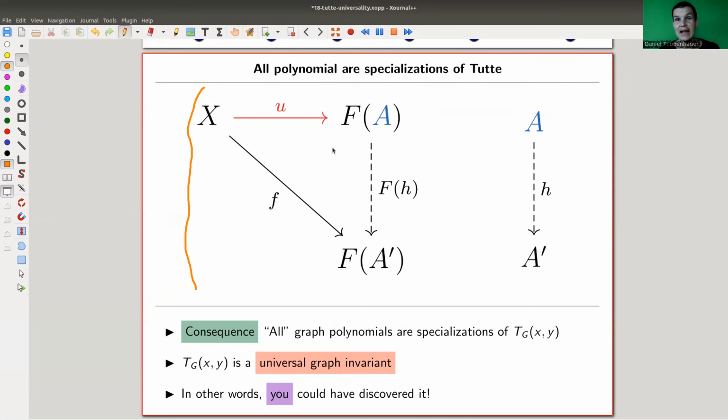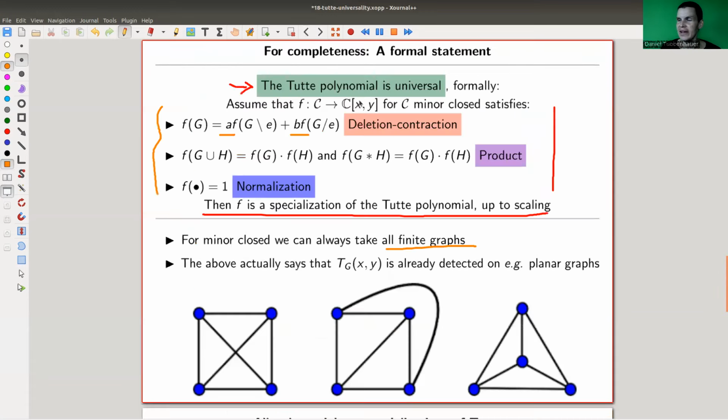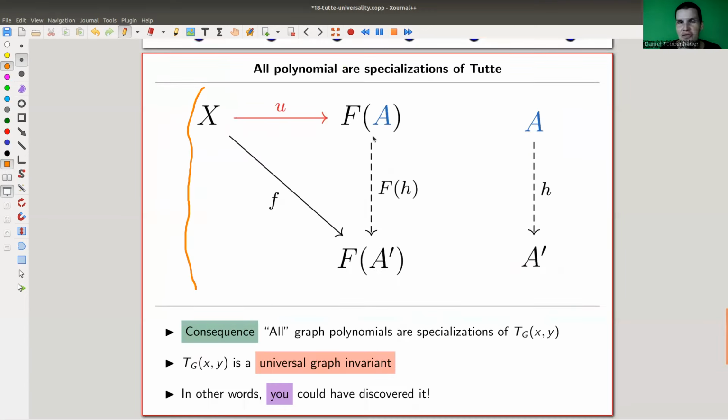The proof itself is the point, but coming up with the statement is really not all that difficult. And universal properties are exactly the opposite. As soon as you know what to do, everyone will come to the same conclusion. The whole point about why Tutte was so brilliant is to just have the idea to do it. As soon as someone tells you to do it, everyone will come up with the same conclusion.